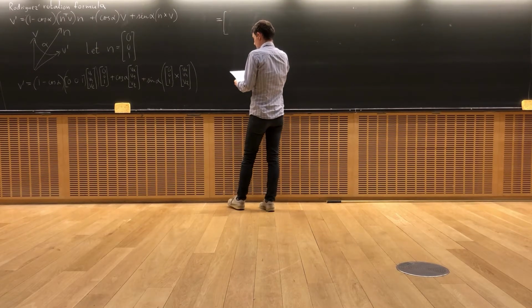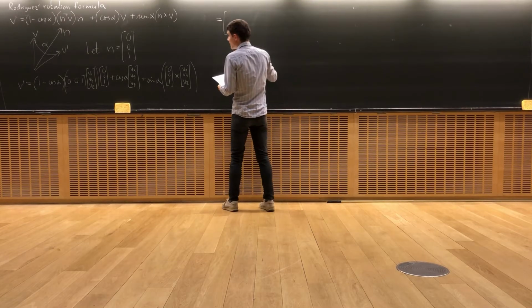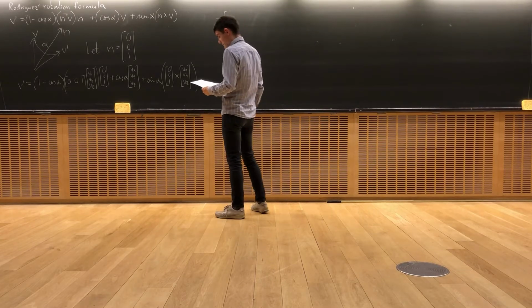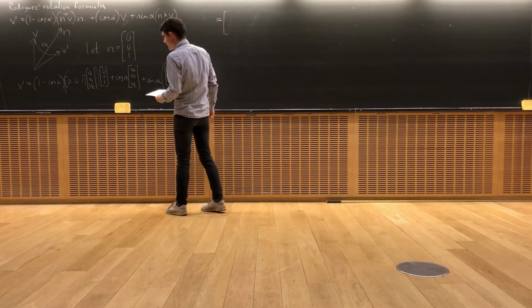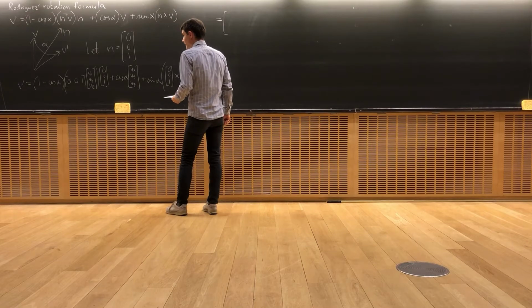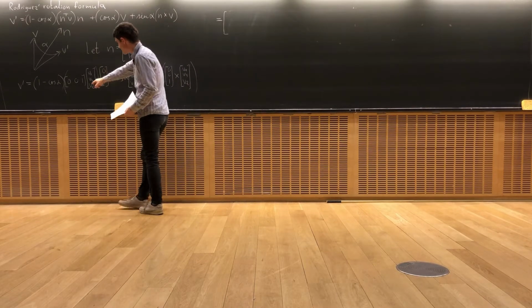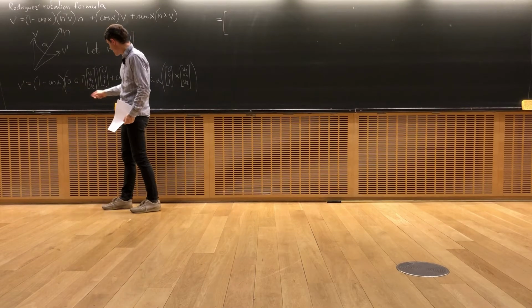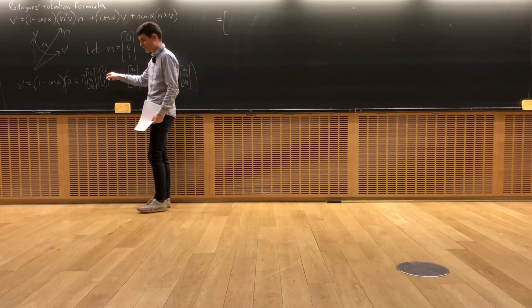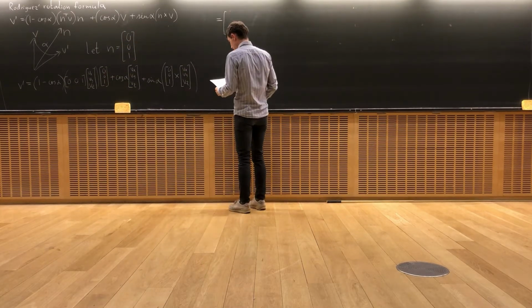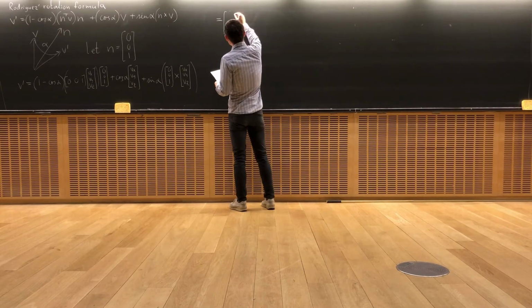So for the first term, I'm going to end up only having the upper two. This becomes a scalar times the cosine times this vector. So in the first two slots, I am going to just have zeros.